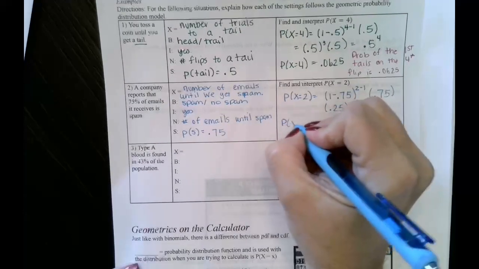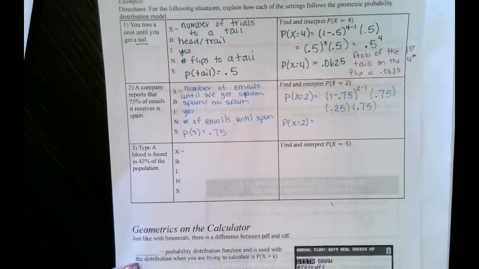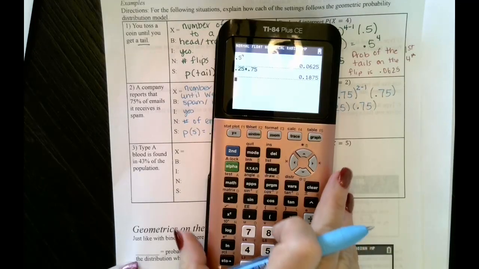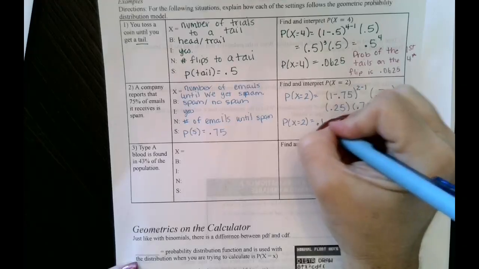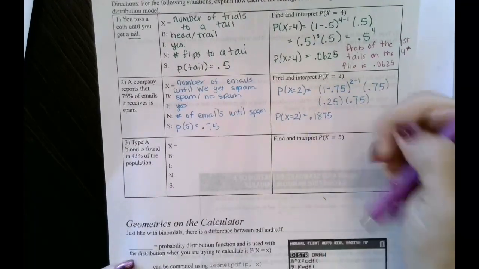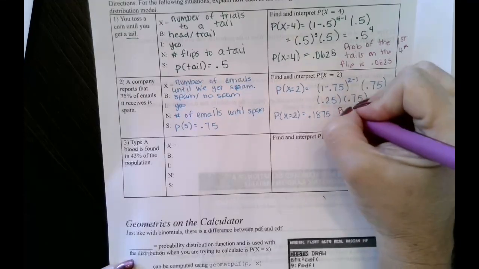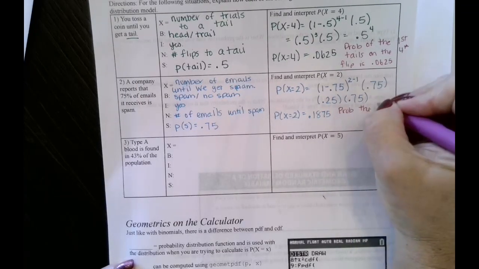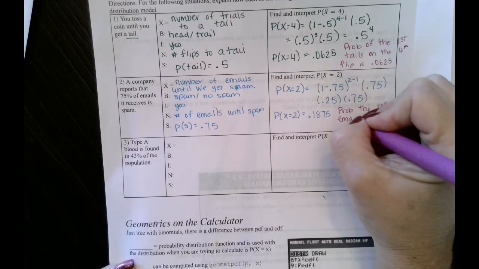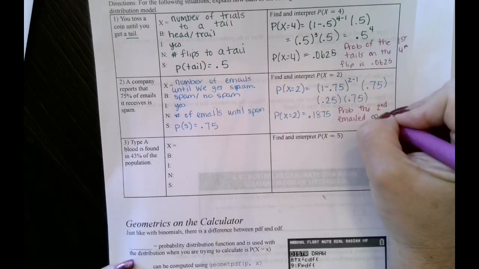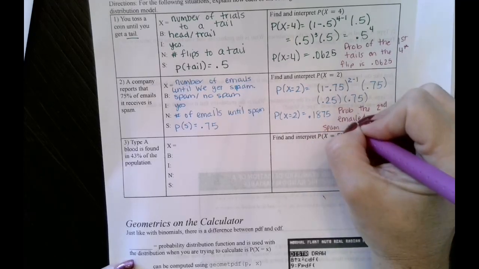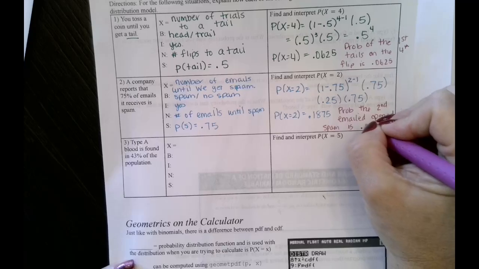So the probability of x equals 2 is going to be 0.1875. Now, my justify, just so we know what we found here, is the probability the second email opened is spam is 0.1875.